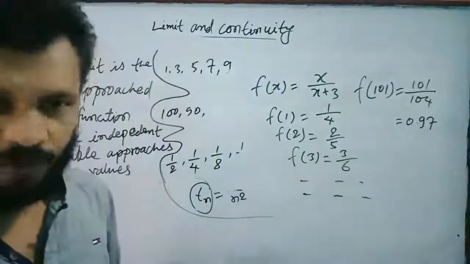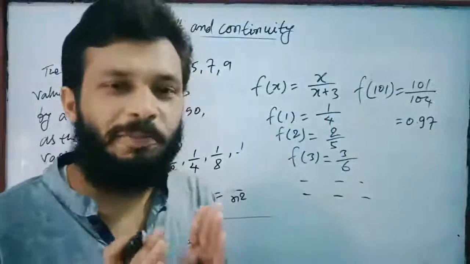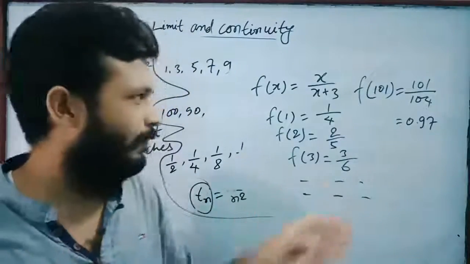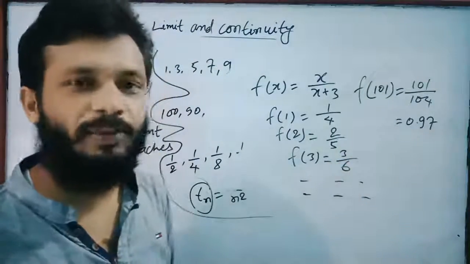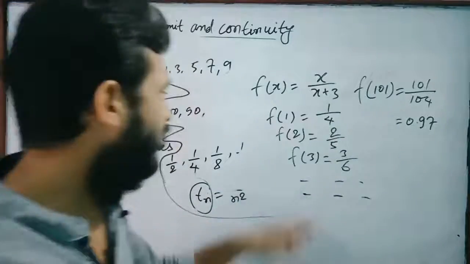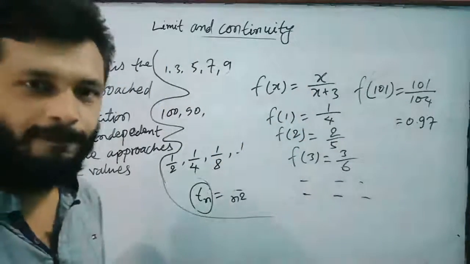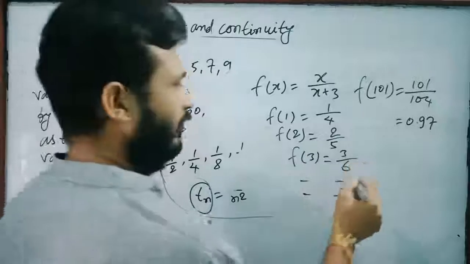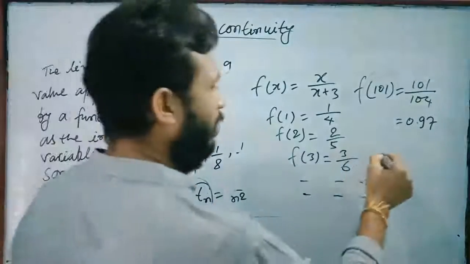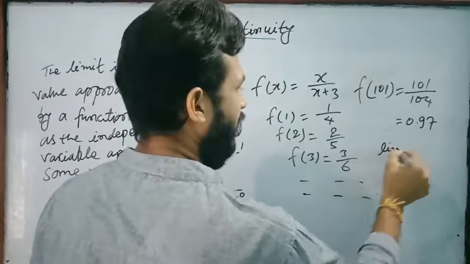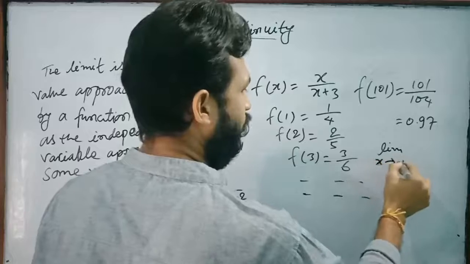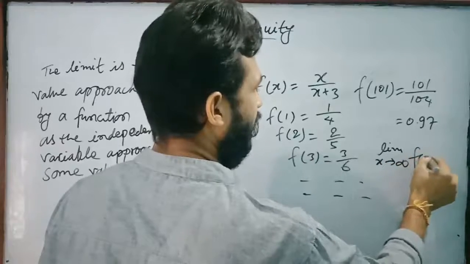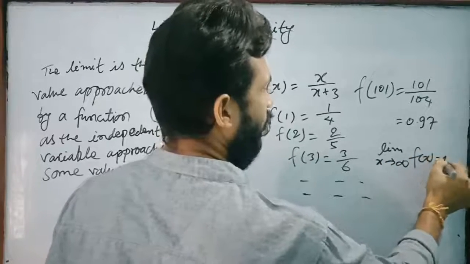You know, 0.97 is approaching 1. Understood? So its approach value will be 1. If x tends to infinite, then f(x) will be 1.